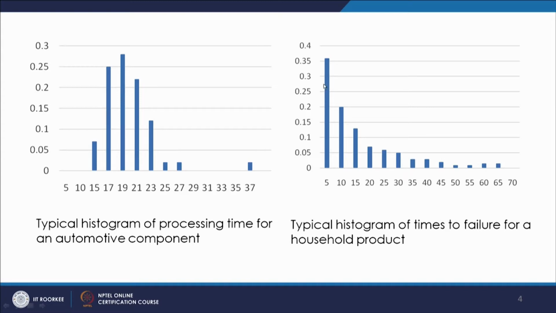It looks as if it is exponentially distributed, but if you draw the exponential, the curve goes like this, whereas here the data goes like this. You could approximate it with the exponential, but the actual exponential line will come close to this.